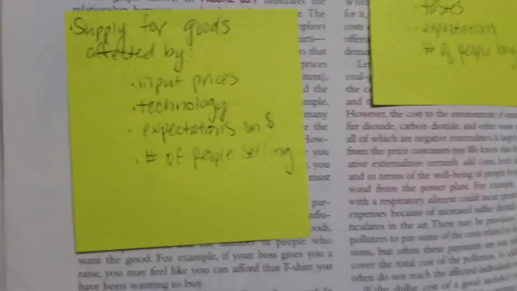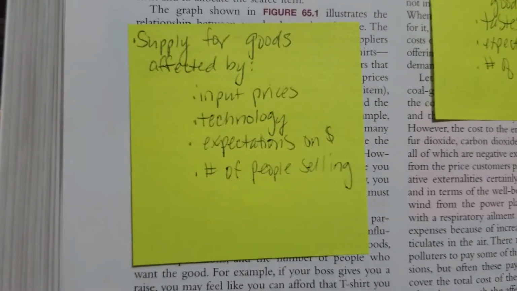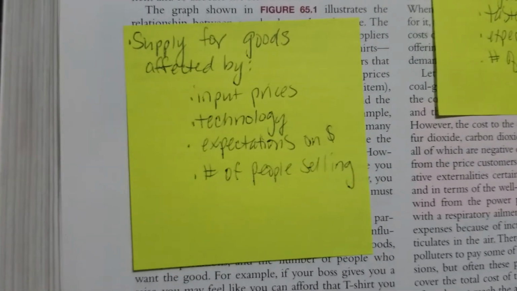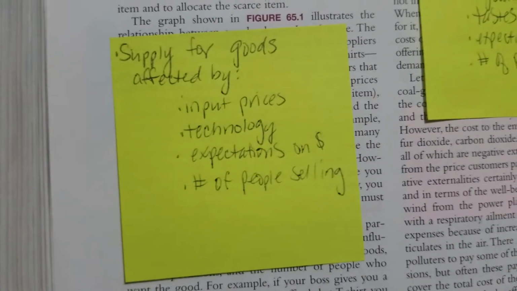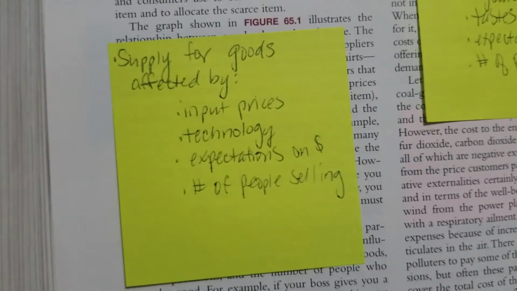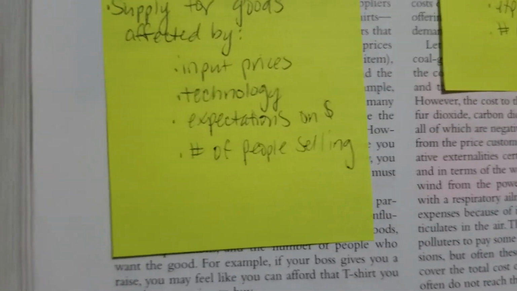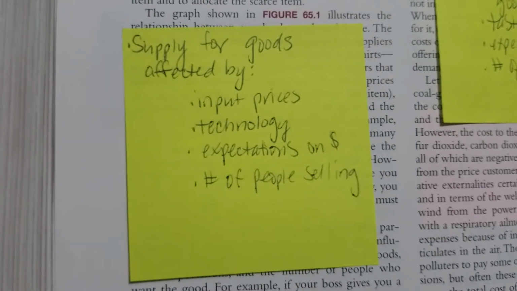The supply of goods is affected by a few things: input prices, so how much does it take to manufacture the product; technology; expectations on money, so is it worth a lot, is it not worth a lot, what are people willing to pay for that product; and the number of people selling.